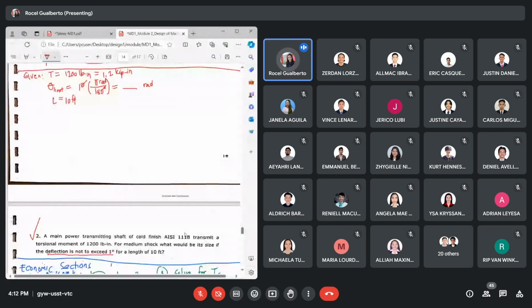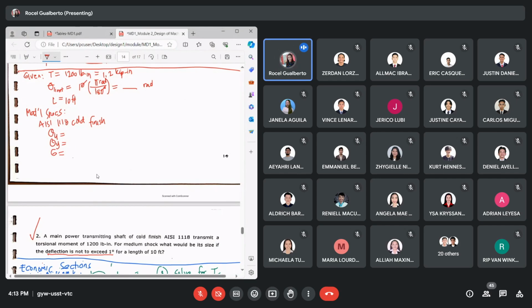And then, go with material specification. 1118 cold finish. Tapos po, find value of sigma U and sigma Y. Pwede mo rin pong isama na dyan yung value ng G kasi kukunin din naman natin doon sa table.